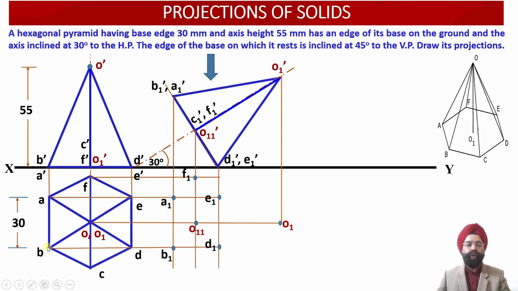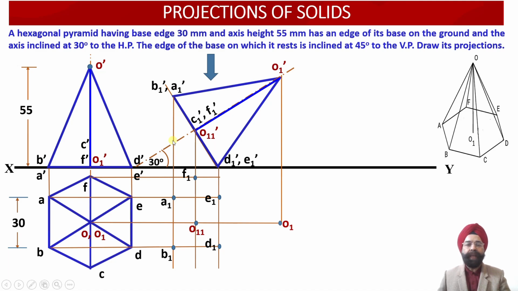Next, we have got the 2 points B and D. So through points B and D, again we have drawn a horizontal projector line. So wherever this horizontal projector line drawn through the points B and D is intersected by the vertical projector lines drawn through B1 dash and D1 dash. So this is B1 dash, this point, and D1 dash is this point.